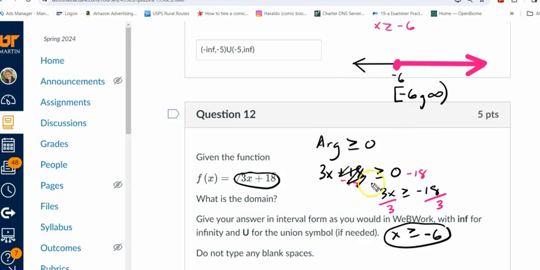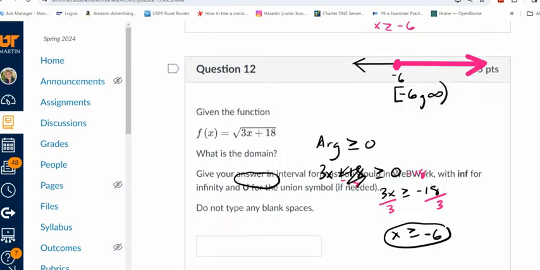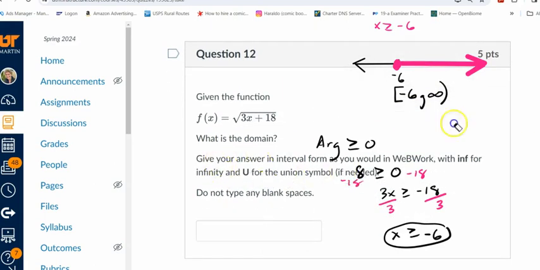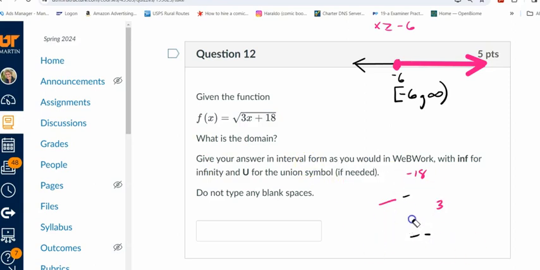And now if I'm going to type that in, instead of the infinity symbol, because I don't have it on my keyboard, I'm going to use INF. So I must start with a square bracket, then negative 6, comma, and then INF, and then a parenthesis. Okay, and no spaces.